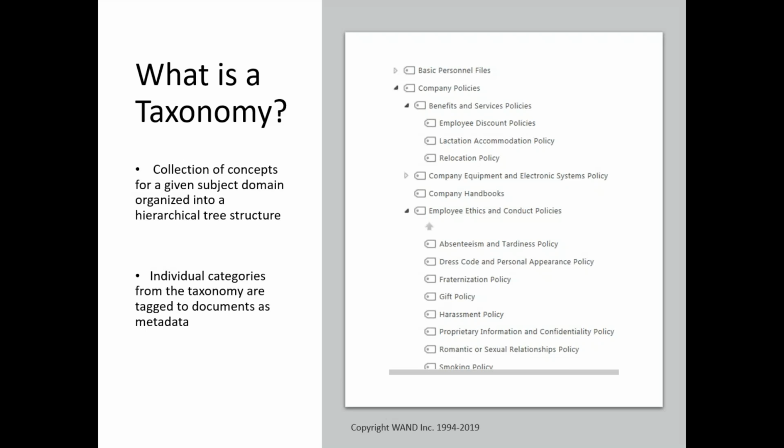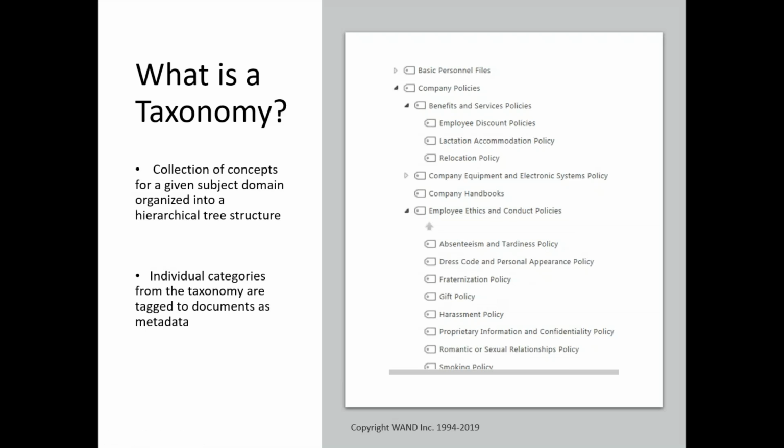And you can see that a lot of important human resources concepts have been defined, or labels have been created for them, organized into a hierarchical structure, which means from a broad concept, you're able to drill down into more narrow concepts. So we see employee ethics and conduct policy has things like absenteeism and tardiness within, or fraternization or gift policy, all within more specific instances.